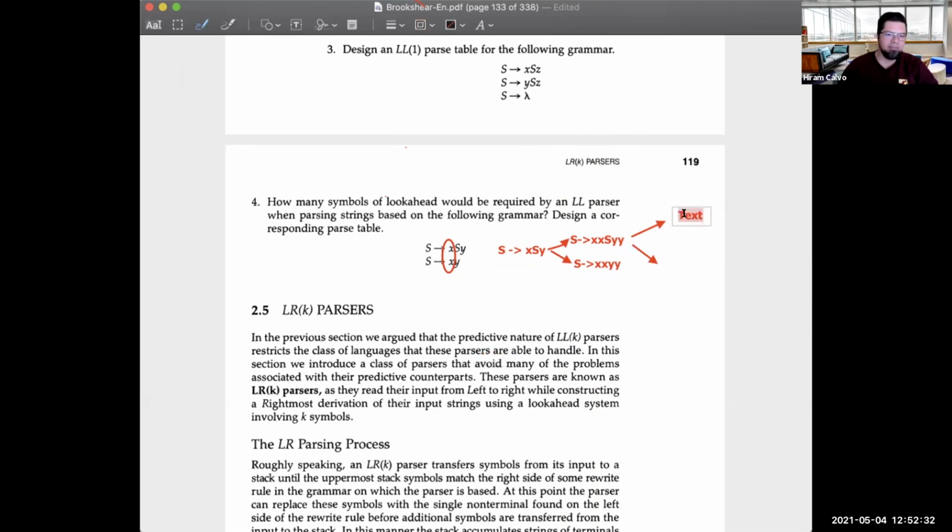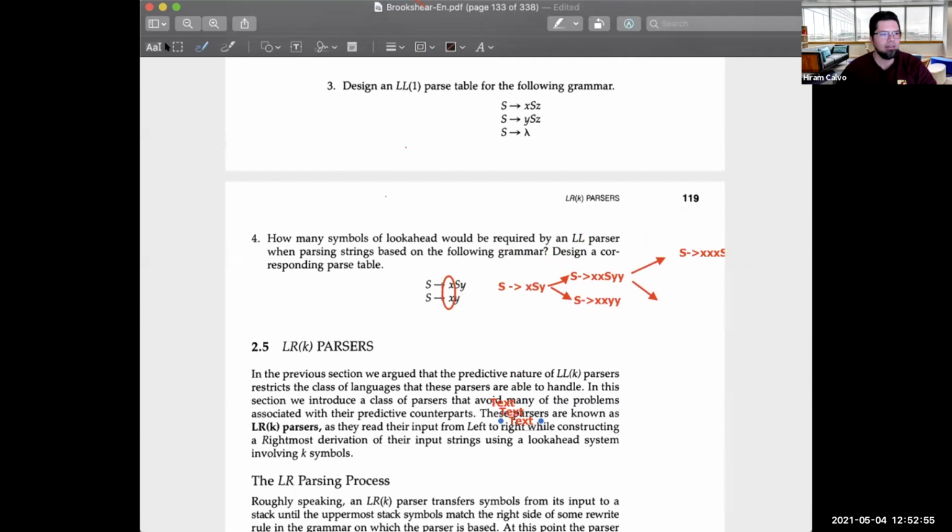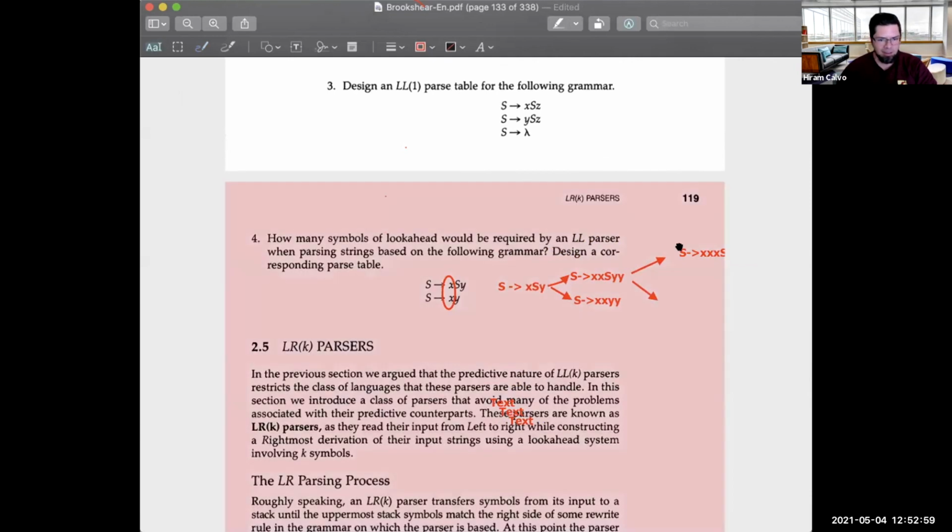So if you expand the first one, you will have X, X, X, X, S, Y, Y, Y. I cannot move them.